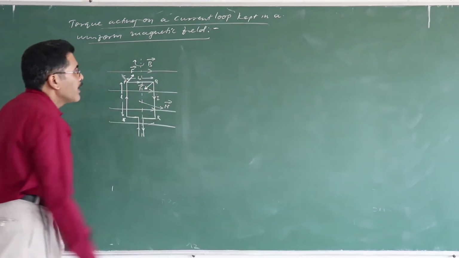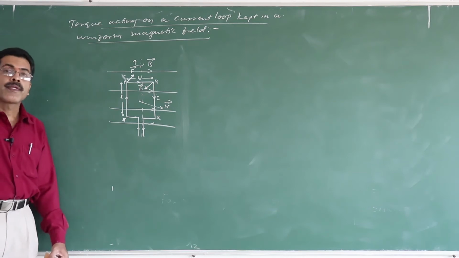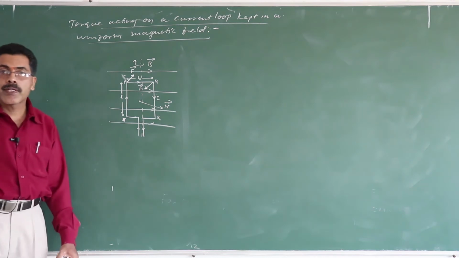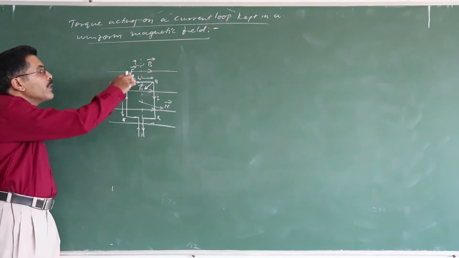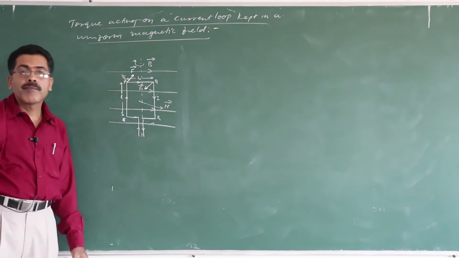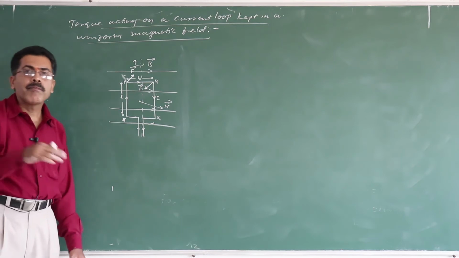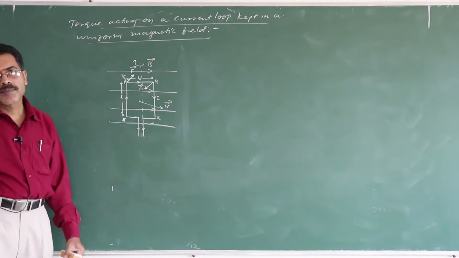So therefore in a uniform magnetic field, a current loop is acted upon by a torque. The tendency of the torque is to align the current loop parallel to the field direction. When the angle between M and B becomes equal to 0, no torque will act.